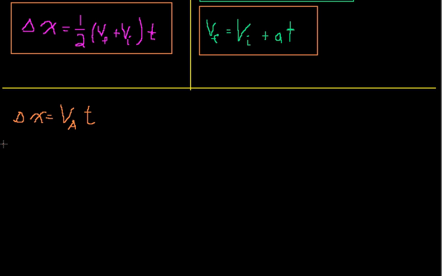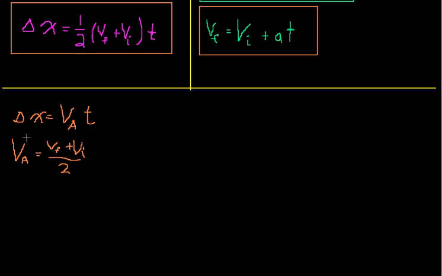So we know also that the average velocity is the average of the ending and starting velocities, Vf plus Vi. Sorry, bad handwriting. So it's the average of these two velocities. That's what the average velocity is.